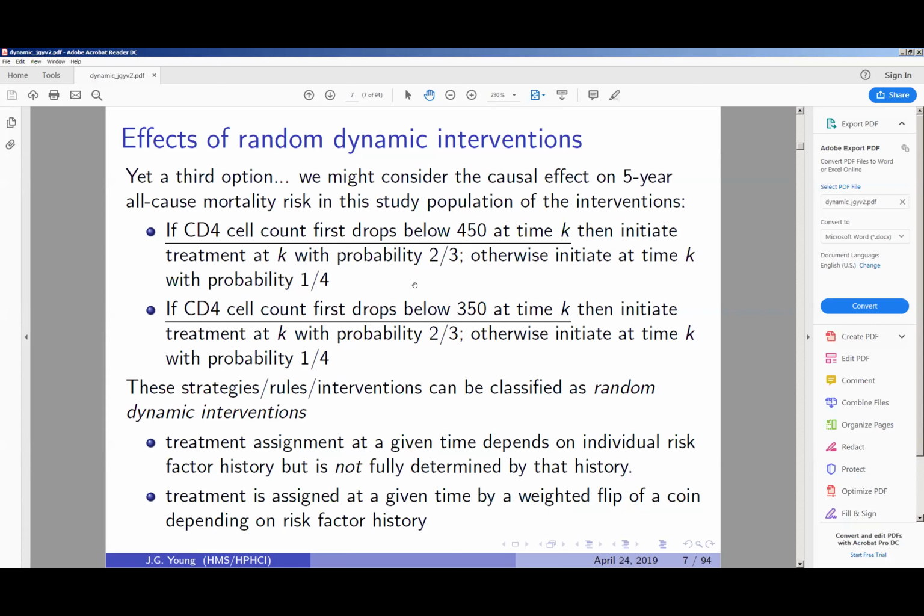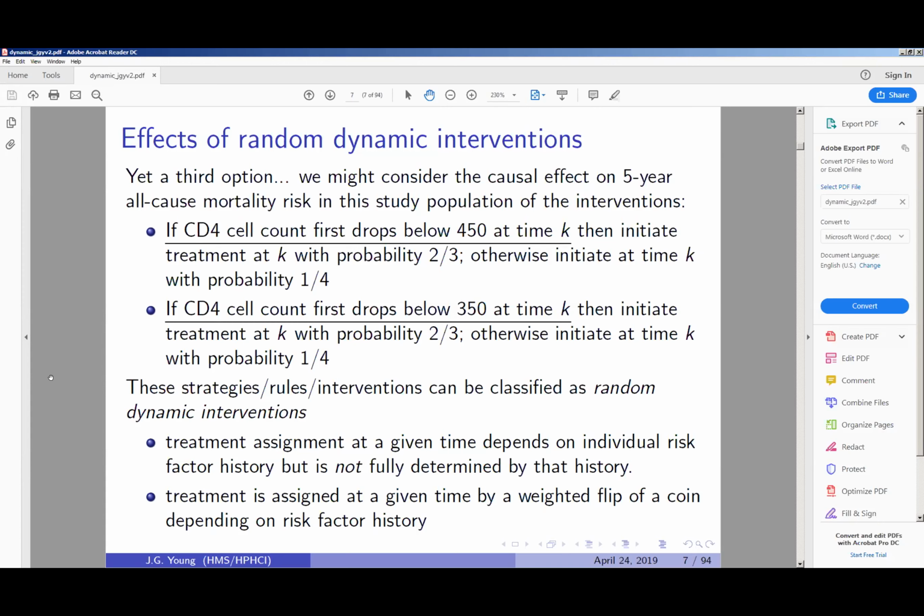Yes, so if we replace probability 2/3 with 1 here, and this 1/4 with 0, then this would reduce to the deterministic dynamic strategy on the previous slide. So we classify these as random dynamic interventions because, again, treatment assignment at a given time depends on the individual risk factor history, just like the deterministic case, but we call them random because given that history, it's not guaranteed what level of treatment you will receive.